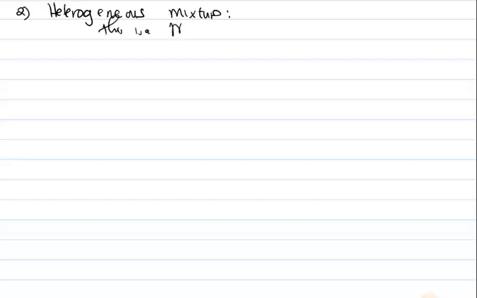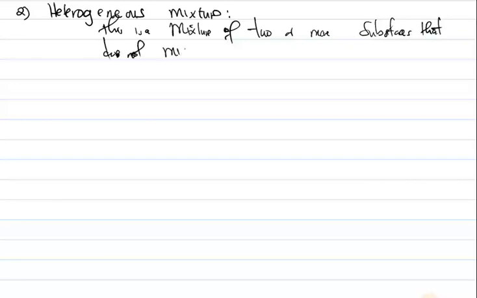So this is a mixture of two or more substances that do not mix completely.